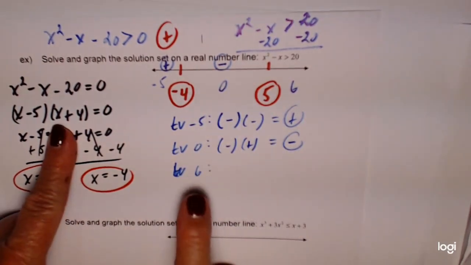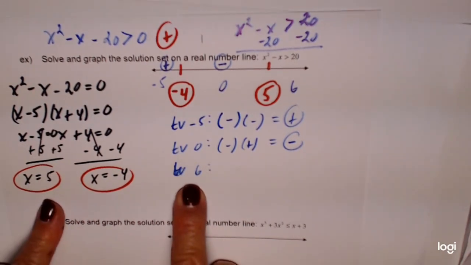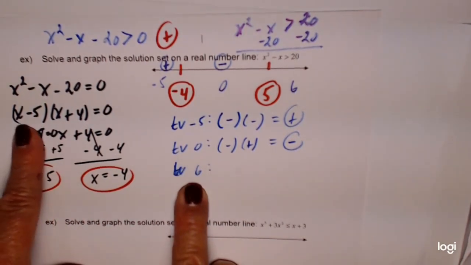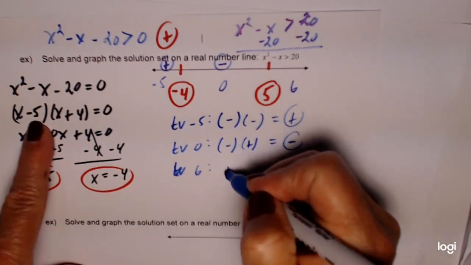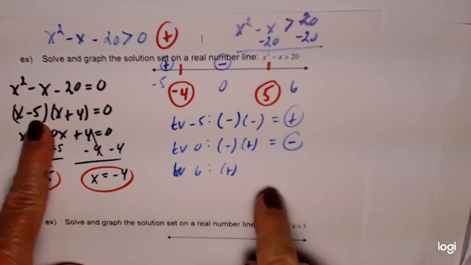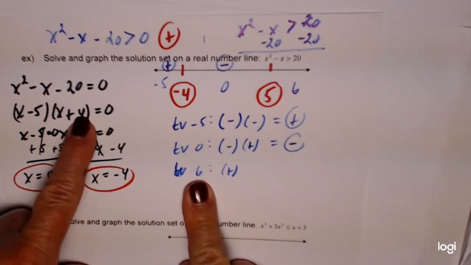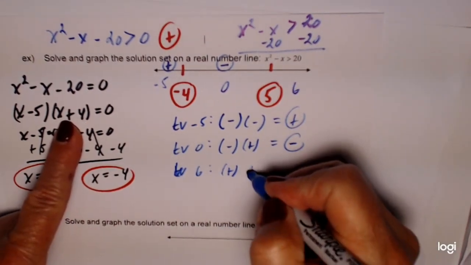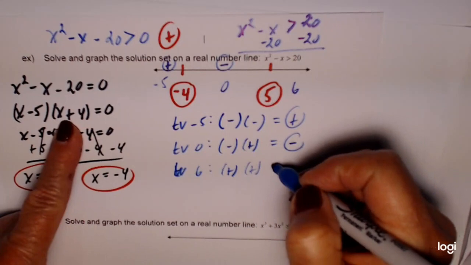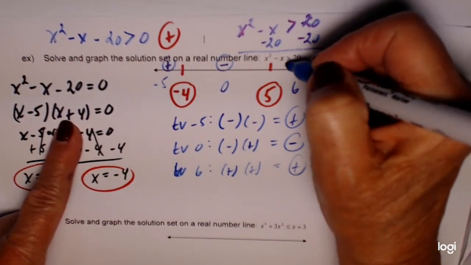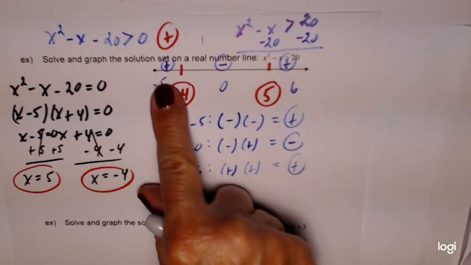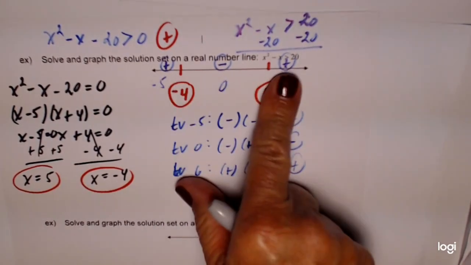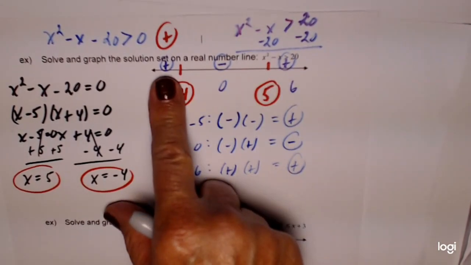Last but not least, we have our test value of 6. 6 minus 5 is 1, positive. 6 plus 4 is 10, positive. Positive times positive is positive. So we have identified the activity in each of our intervals, if it's positive or negative.